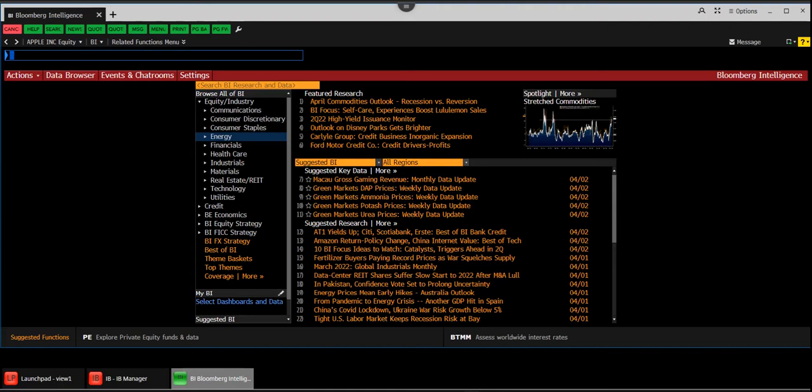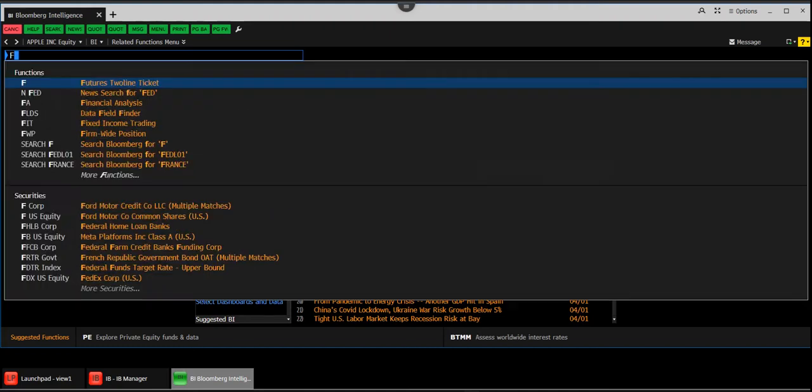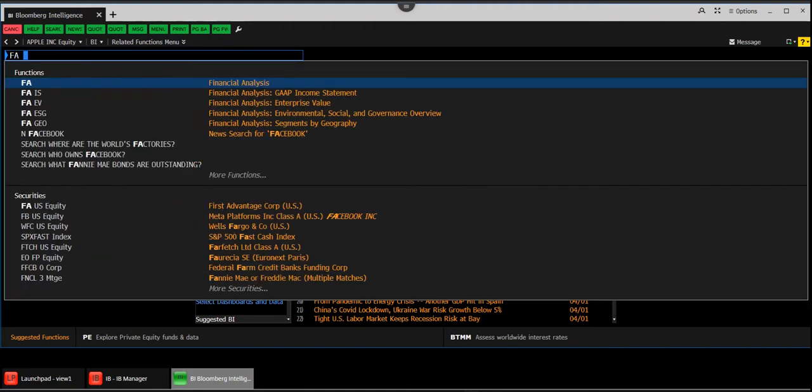The fourth function is FA, or fundamentals. To type this in, everything else was straightforward, but here you would have to do FA and then the company you want. So let's just say Apple.